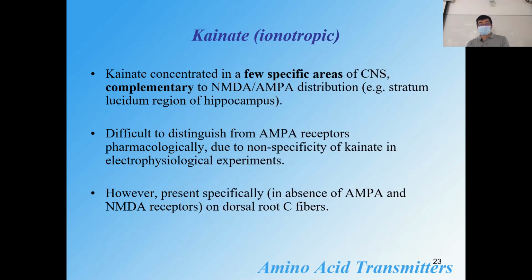Sometimes it's difficult to distinguish from AMPA because of crosstalk of those agonists. But if it is present in the absence of AMPA and NMDA receptors, for example in the dorsal root C fibers, which are sensory neuron fibers, then it is easier to detect or specify for the study.